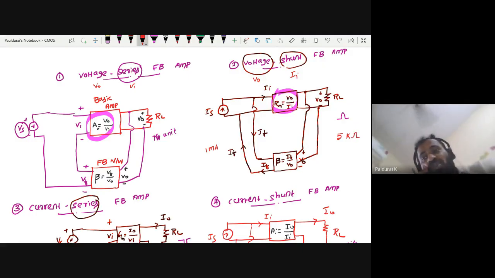So what is your output voltage? Anyone? I have given and I assumed 1 milliampere as input current, IS, and the trans resistance, the gain for the voltage shunt feedback amplifier, is 5 kilo ohm. What is the output voltage?